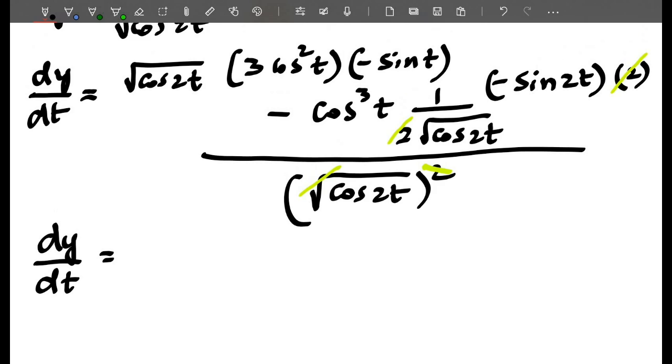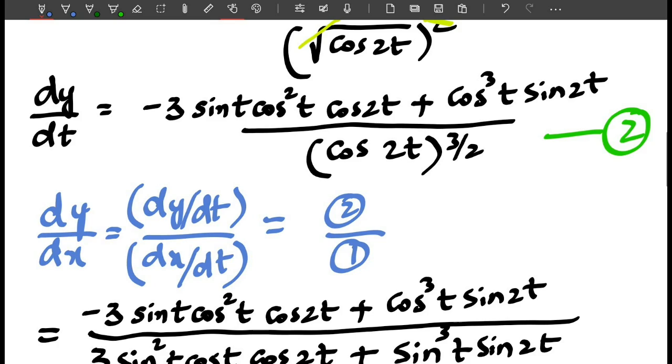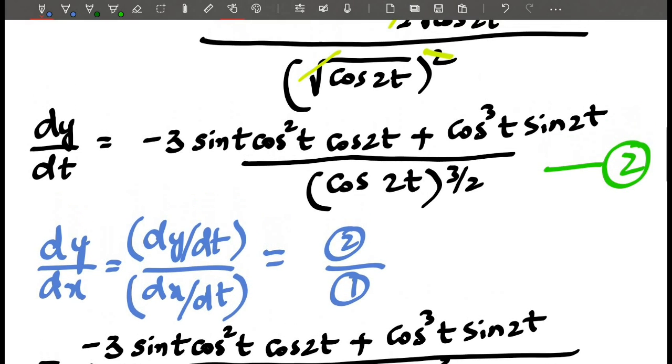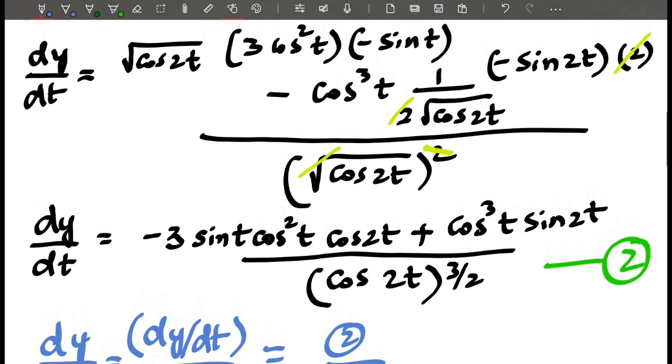When you take the LCM, it gets multiplied with cos 2t, so dy by dt is equal to minus 3 sin t cos square t cos 2t plus cos cube t sin 2t, because the 2 and the 2 got cancelled. In the denominator you get square root of cos 2t, which gives us cos 2t to the power of 3 by 2.